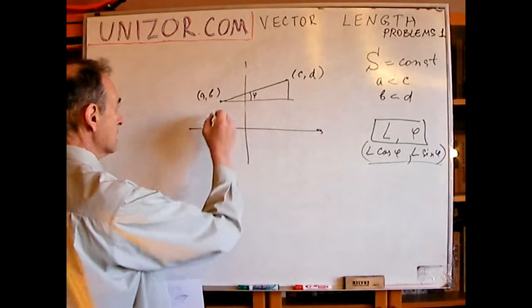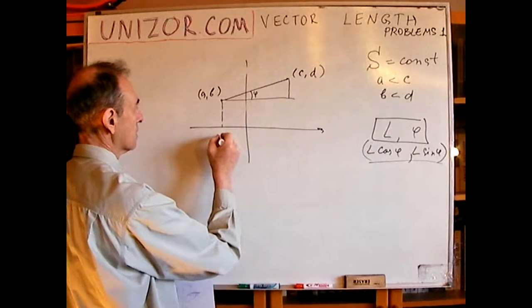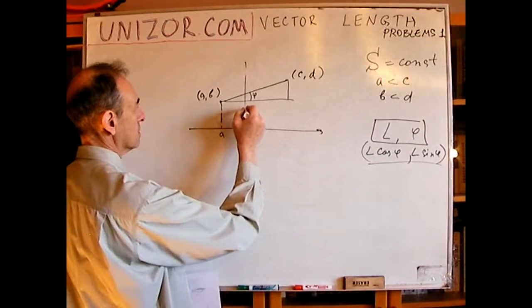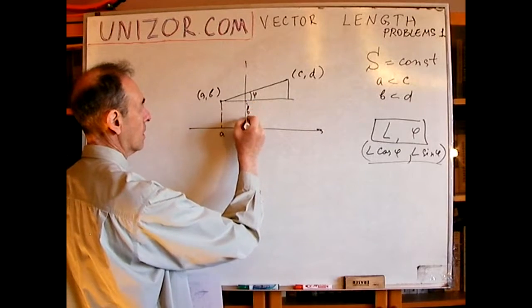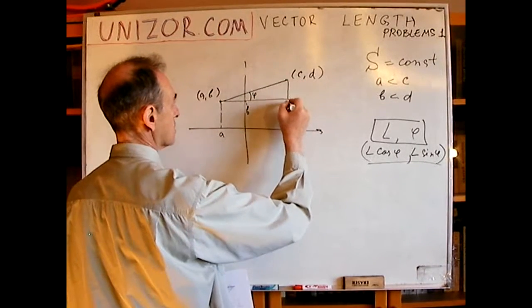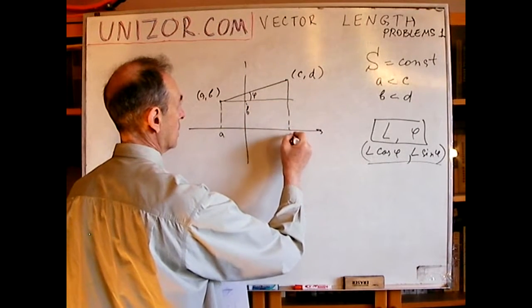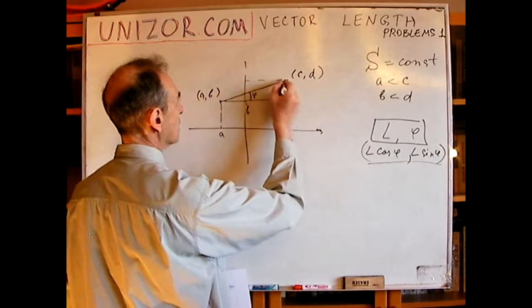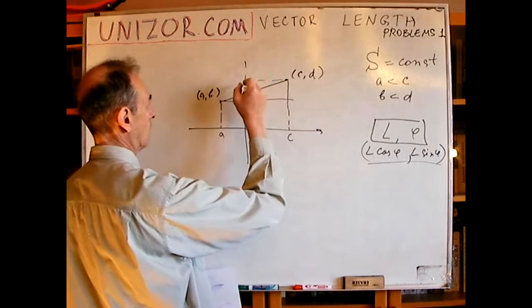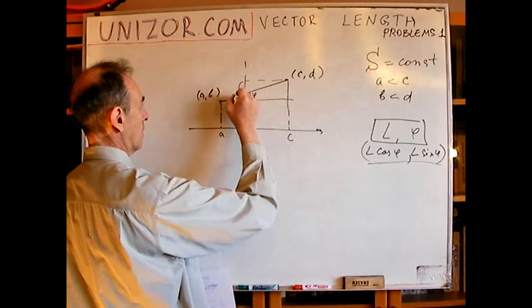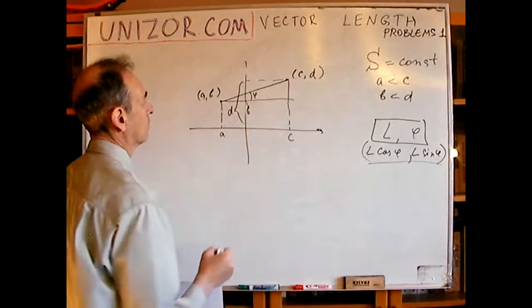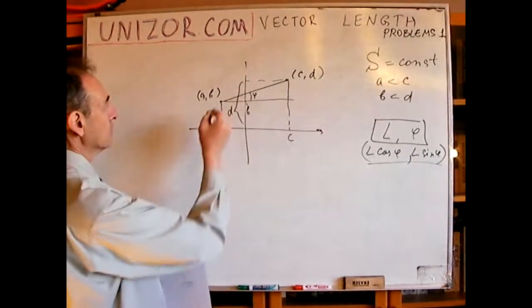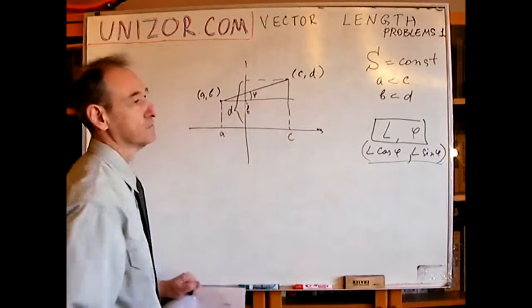Well, it's easy, because this is A, this is B, this is C, and this is D. So, what do I know about this particular triangle?